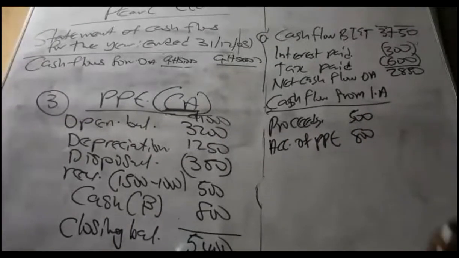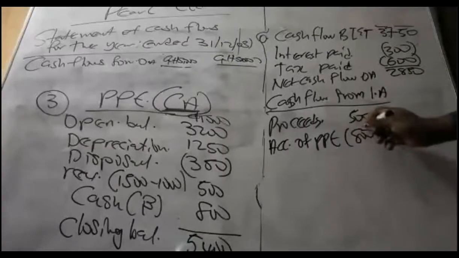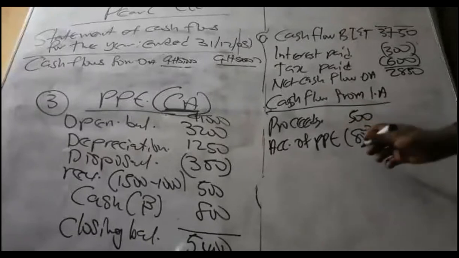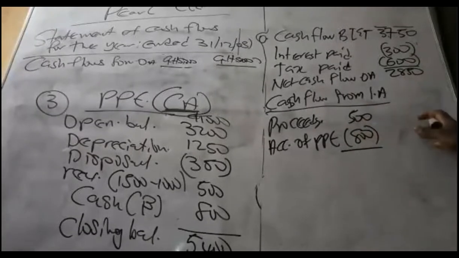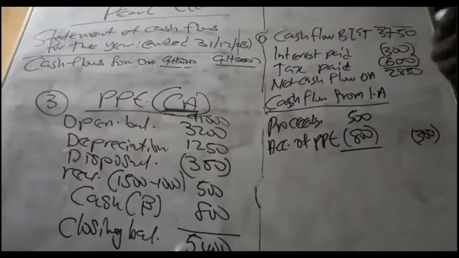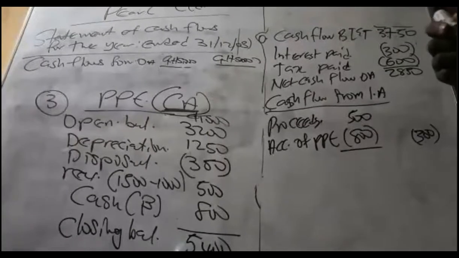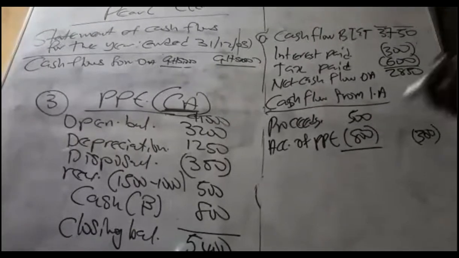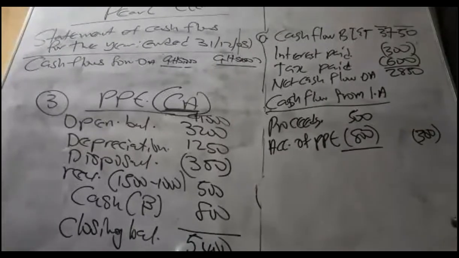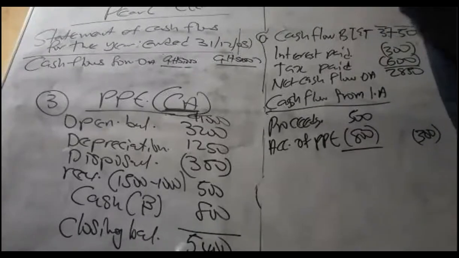Outflow, yes, because money is going out. If we sum them up, we bring it here to the next section. That will be 300 negative. Great.